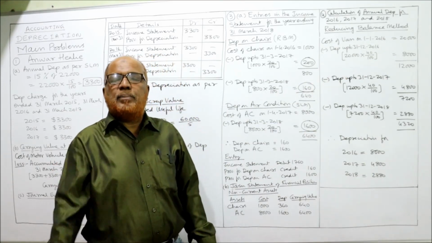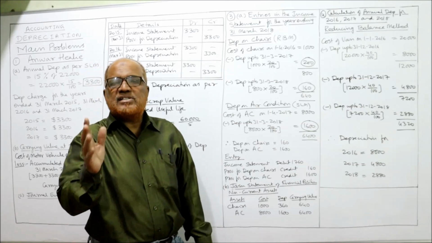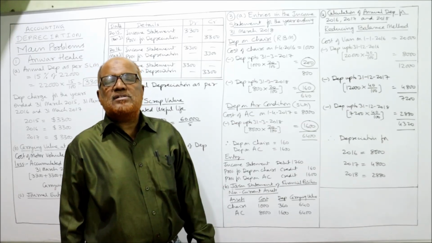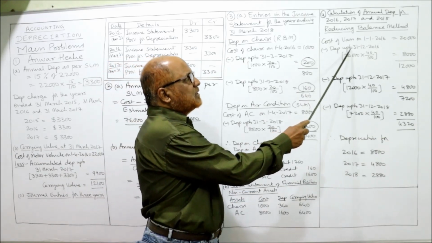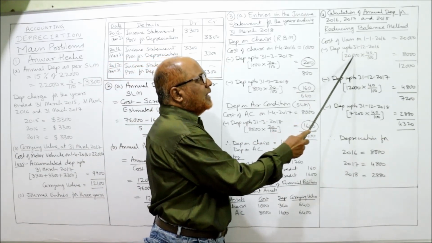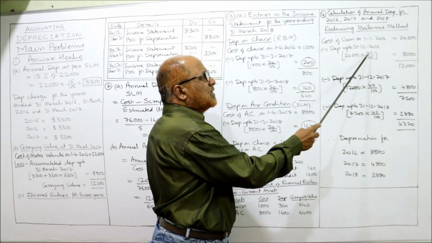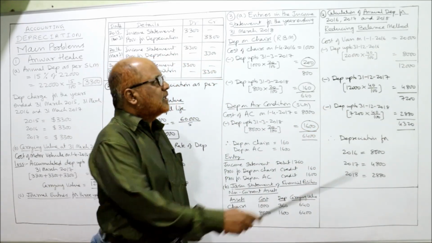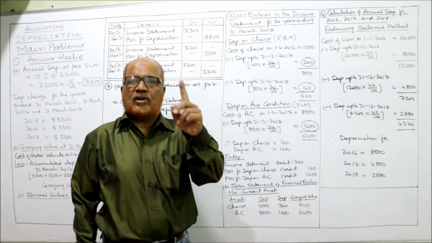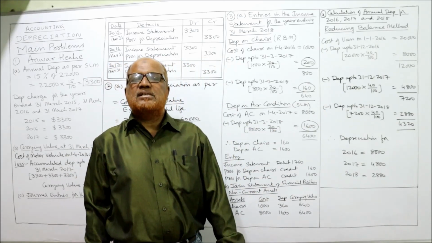Now, one by one depreciation we deduct. The first year ends on 31st December 2016. So 20,000 into 40%, 40 by 100. 40% means 40 by 100. So it comes to 8,000 depreciation for the first year, 2016.